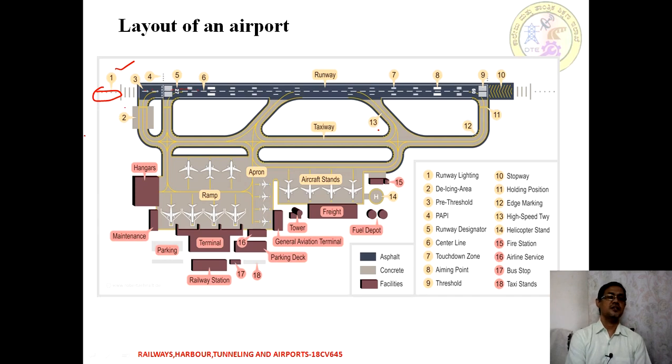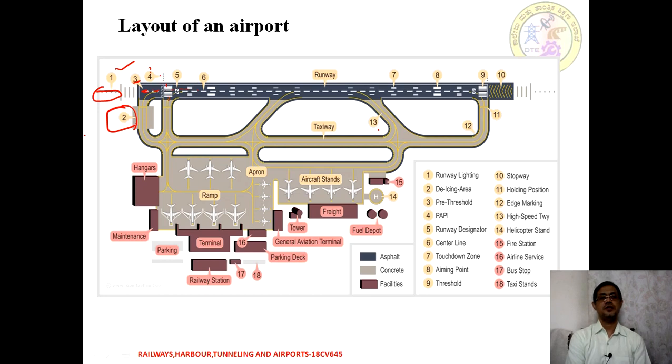Second one is de-icing, which, as I said, can be provided depending upon the topography of the area. Next is the pre-threshold. Try to see the image: these arrow marks before the start of the aiming point or landing point are called the pre-threshold.